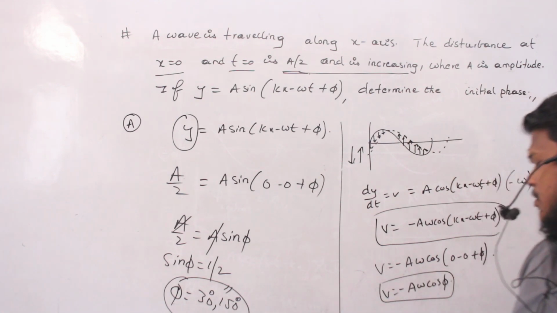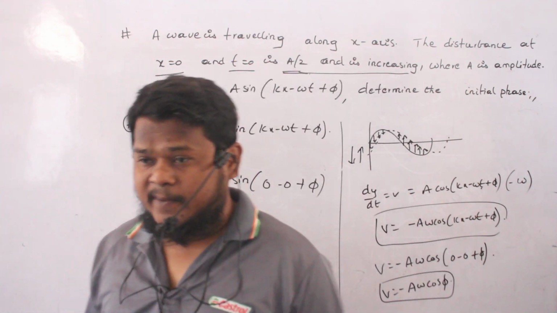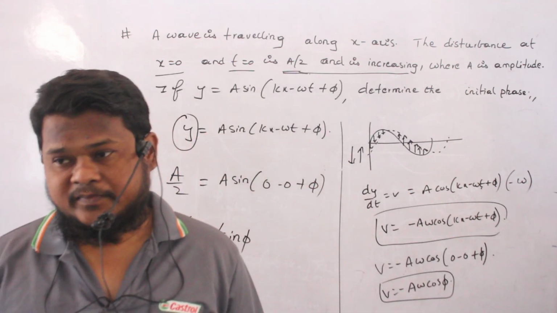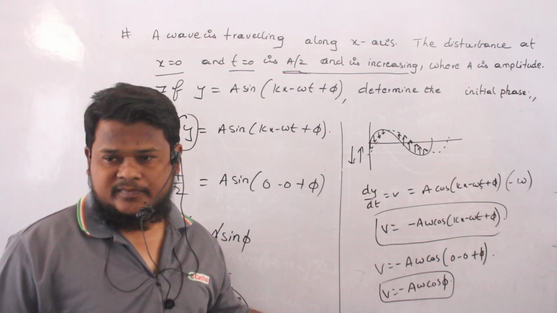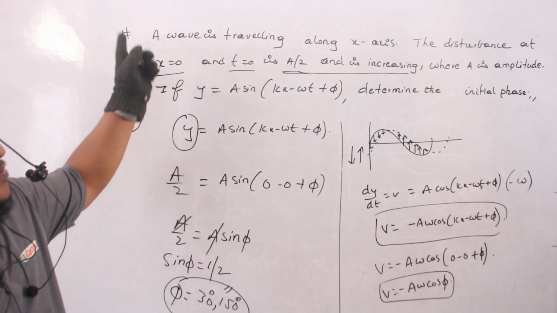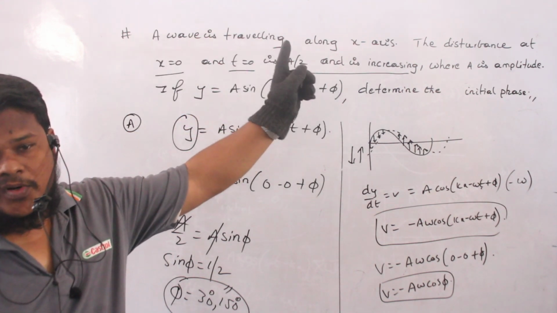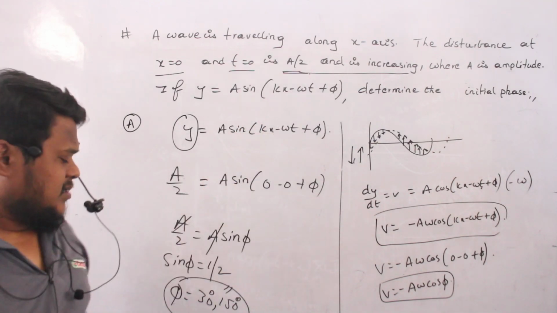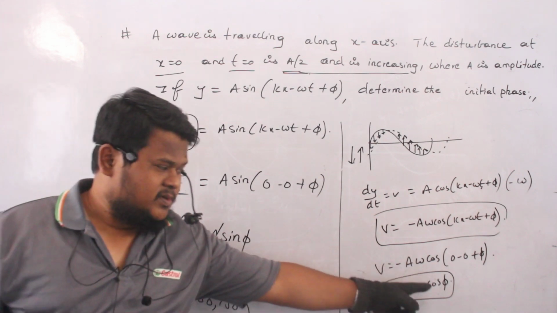So by looking at this relation, what do you understand? We got velocity equal to minus A omega cos phi. At x equal to 0 and time equal to 0, the displacement is A by 2 and increasing, which means velocity should be positive. But I got the equation of velocity with a negative sign.